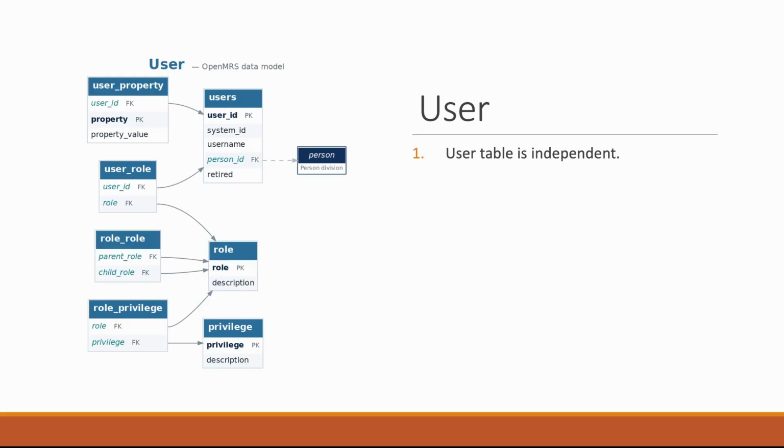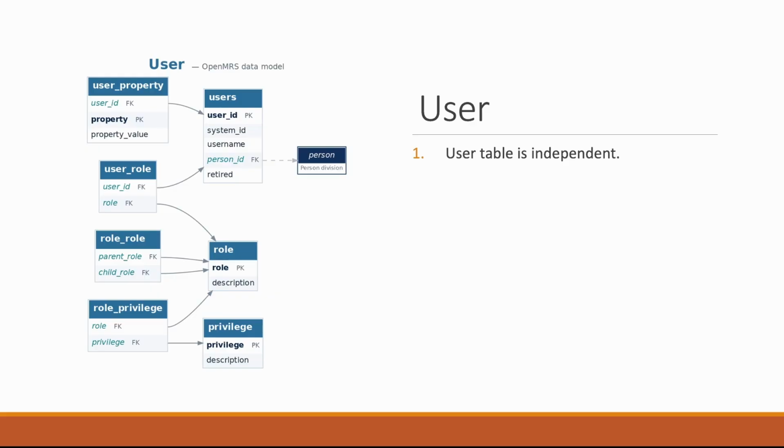So user is the first thing that gets entered into OpenMRS as you install it. There's one default user called admin, and from that point onwards the entire database can be blank, but this single user table cannot be blank, right? So this is your startup entity, you can say. So first you have to have a user in your data.